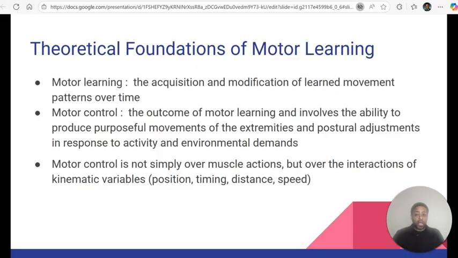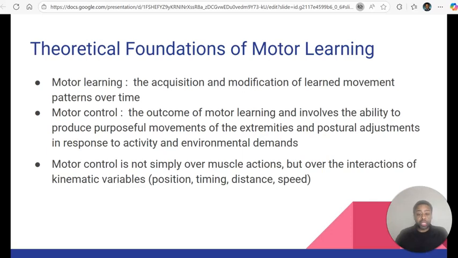So for instance, the ability to reach and grasp something, and in doing so, the ability to produce the necessary trunk lean or body lean to be able to reach the target, specifically when we reach outside of base of support, without loss of balance. So that's motor learning that occurs across time.